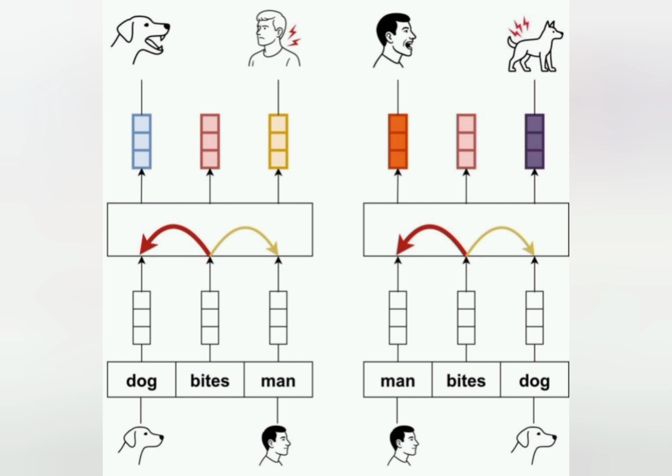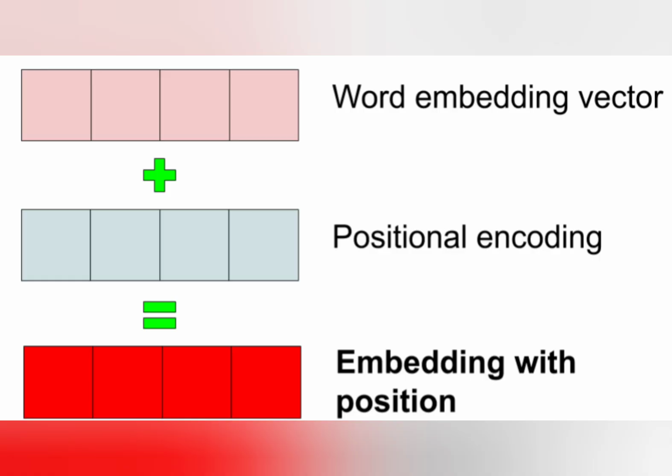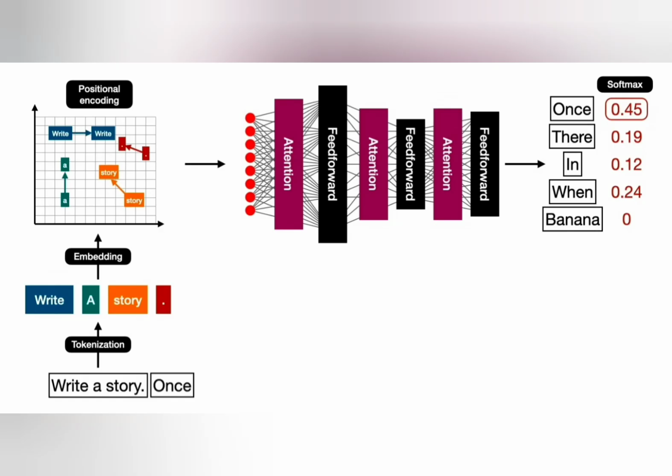These are the same words, but the sentences give very different meanings. This is the reason we add position information: this is the first word, second word, third word. You can think of it like assigning a seat number, so the model knows who comes first. That is all about positional encoding.